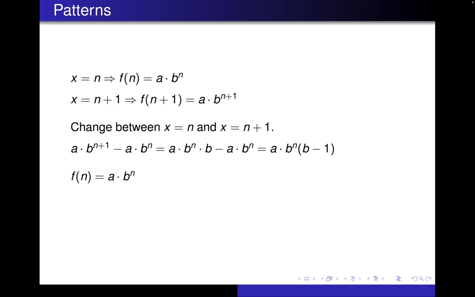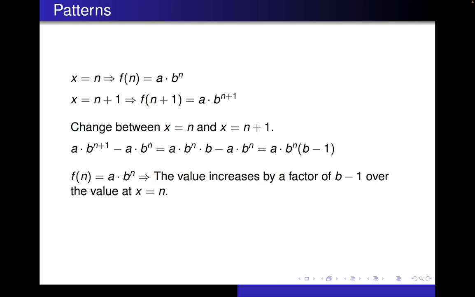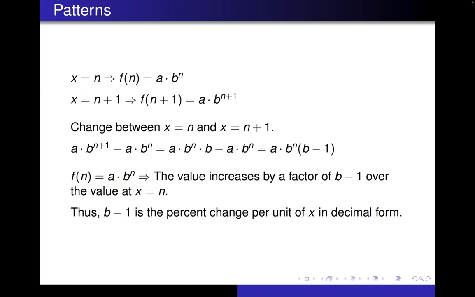When we go from f of n to f of n plus 1, the value increases by a factor of b minus 1 over the original value at x equals n. In other words, the percent change per unit is b minus 1, where b minus 1 is that percent in decimal form. So if you have a 5% change, that b minus 1 is going to be 0.05, for instance. So that's why whenever you're finding a percent change, you always take that b and subtract 1 from it.